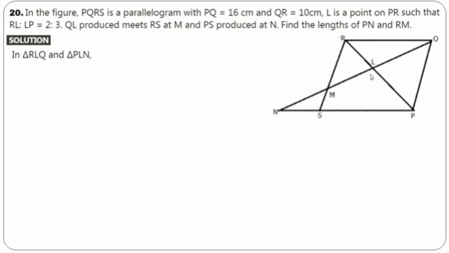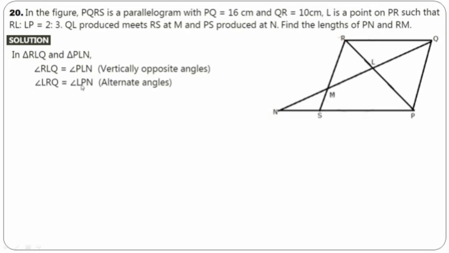Here obviously these two are vertically opposite, right? And there's one more angle called alternate angle. So we have alternate angle LRQ. LRQ is this angle, and this angle will be equal to this angle, that is LPN. So they are alternate. So using similarity, these two are similar.